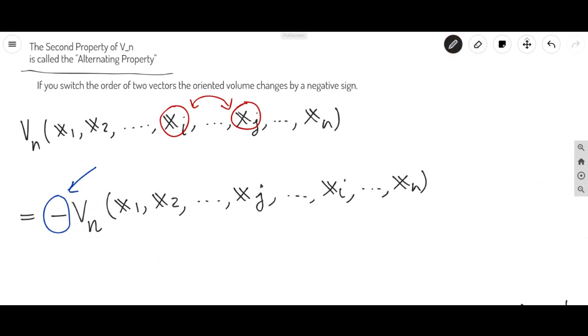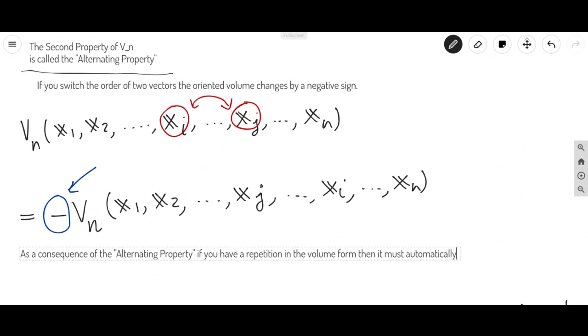As a consequence of the alternating property, if you have a repetition in the volume form, then it must automatically be equal to 0. So any repetition will make it be equal to 0.